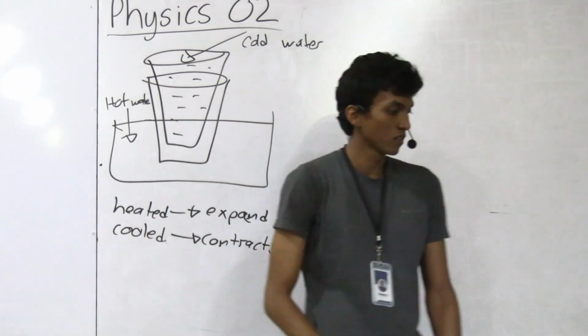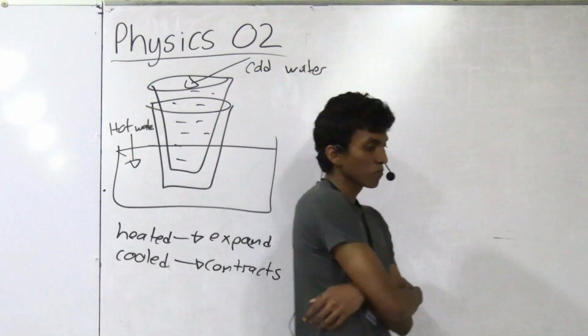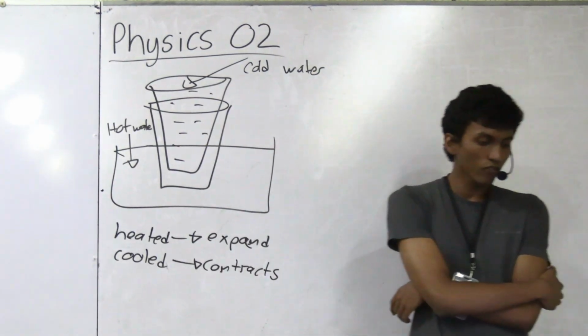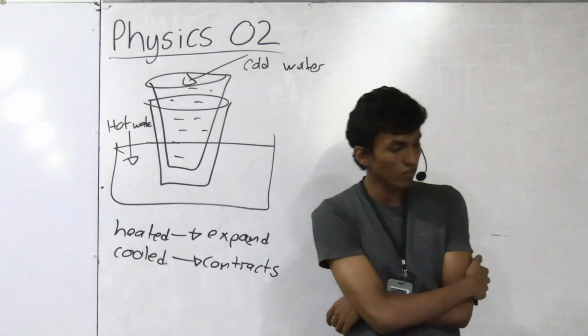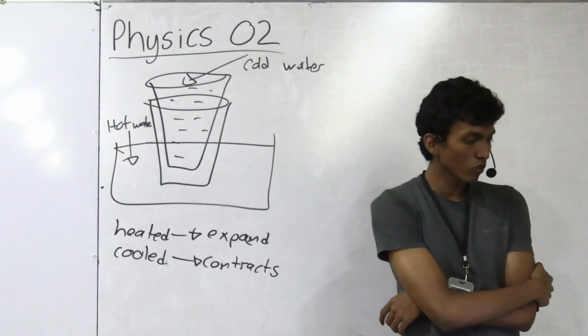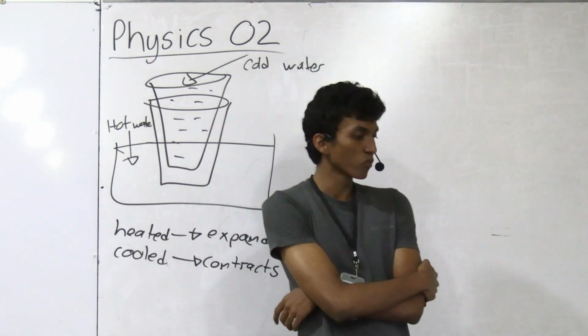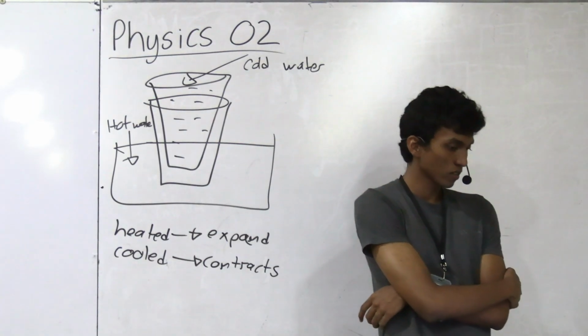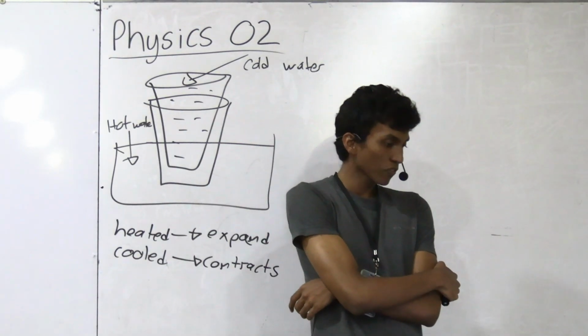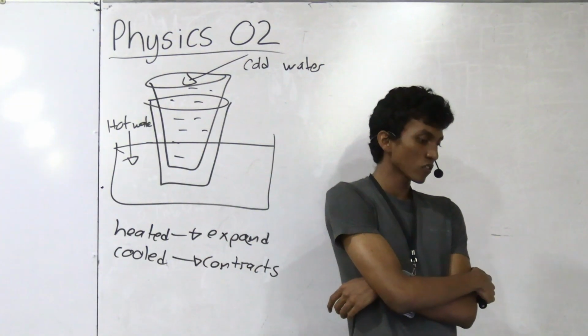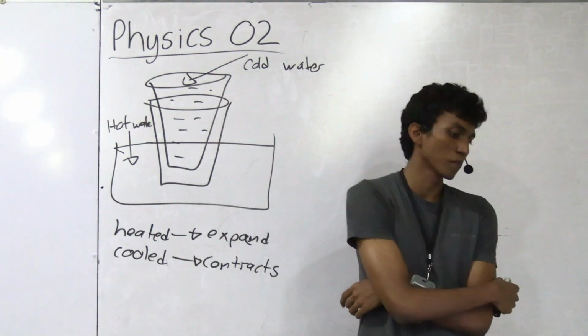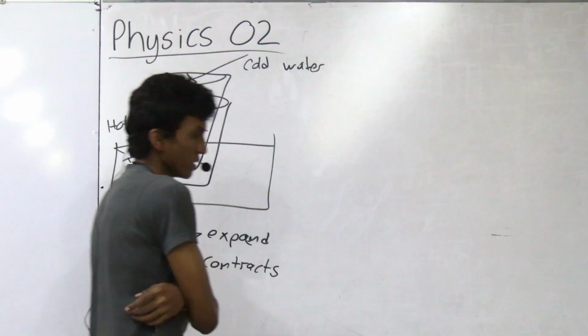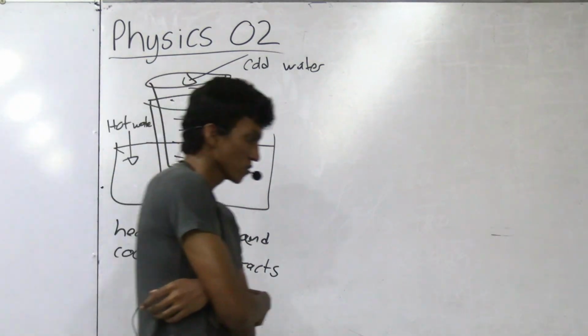Question number 3. Under normal atmospheric pressure, a pure block of ice at temperature minus 10 degrees Celsius was heated at a uniform rate until it was turned into liquid water, and then for some time after the water started to boil. Which of the graphs correctly indicate the variation of the temperature of the system with time? So they are asking for a temperature versus time diagram.